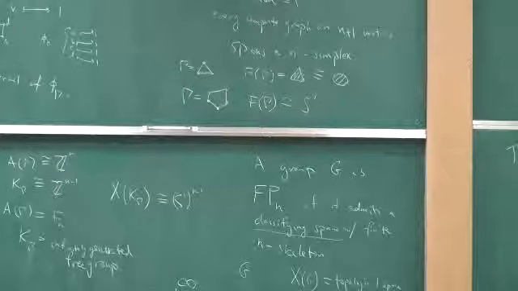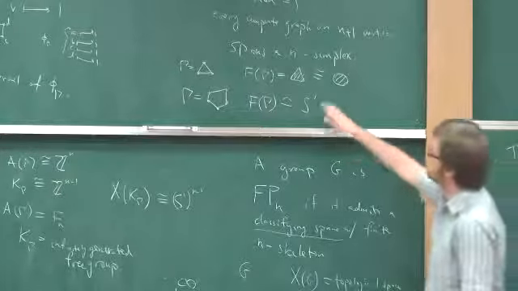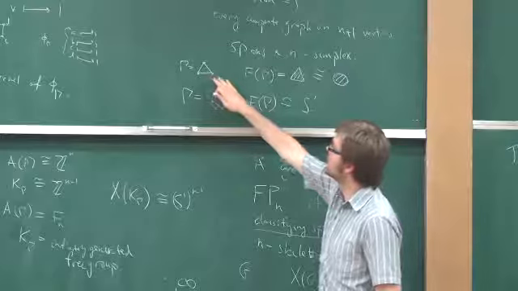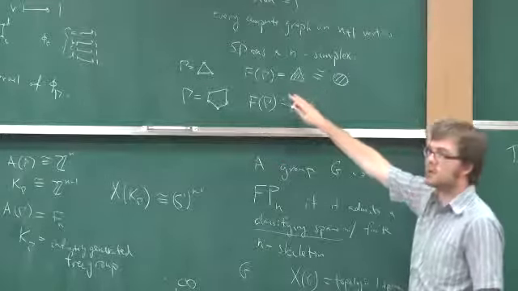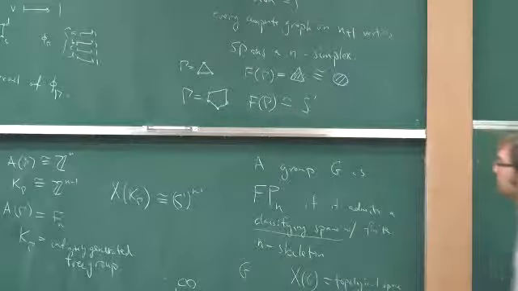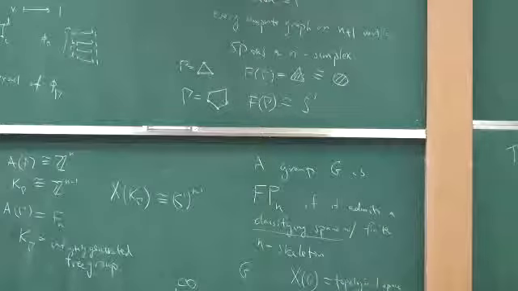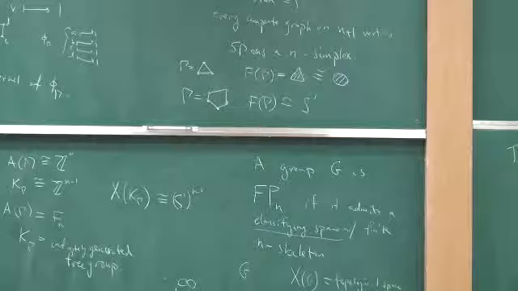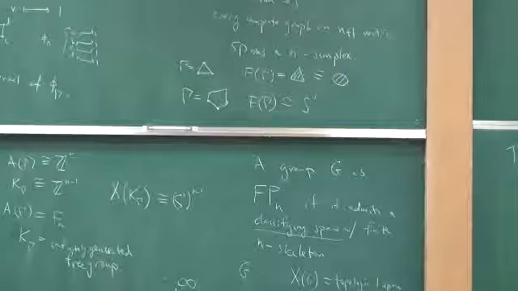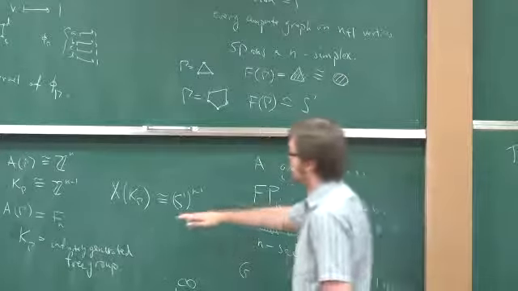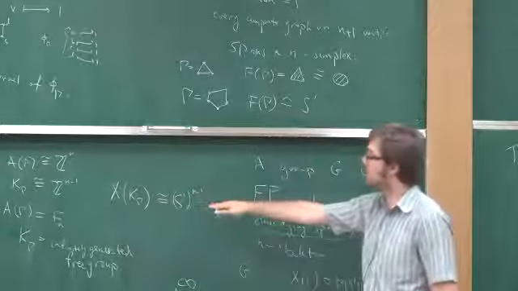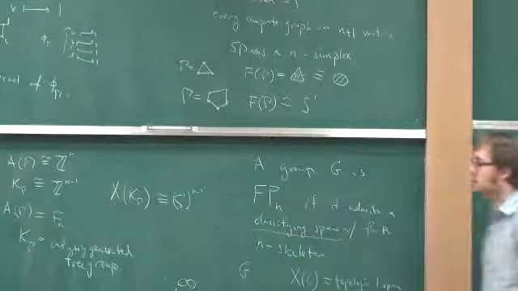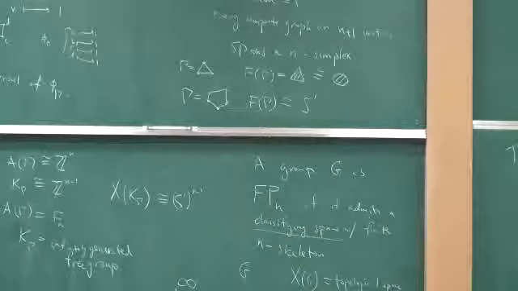And one more example: if we have a complete graph on any number of vertices, then the flag complex is contractible. And so all of its pi i's vanish in all dimensions, and so you have FPn for all n. And so we see from this example that X of K gamma in the case of a complete graph can always be taken to be a product of circles.